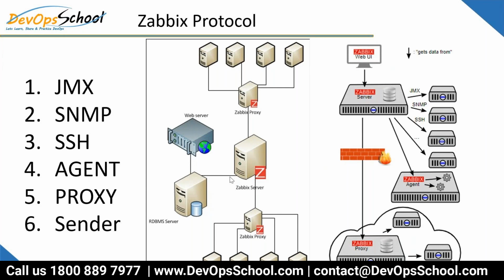If you want data from a Linux machine using SSH, that is also supported. Agents work over TCP, that is also supported. The Zabbix server can receive data from a proxy also, and there is one utility called the sender which can also send the data. So these are the protocols supported by Zabbix for sending or receiving data.